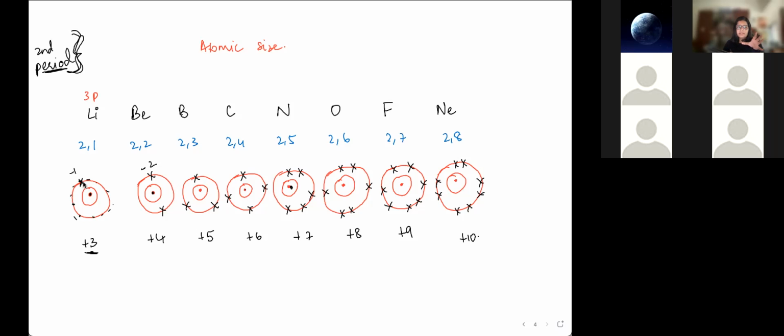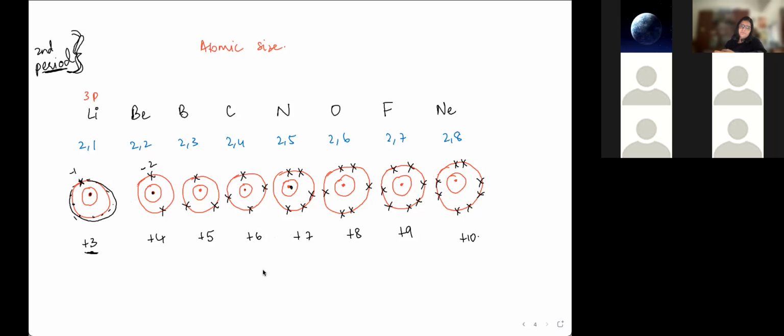And electrons kind of exist in a cloud, they are not a single particle that way. Now as you go from left to right, what is happening to the nuclear force, the power of attraction of the nucleus?